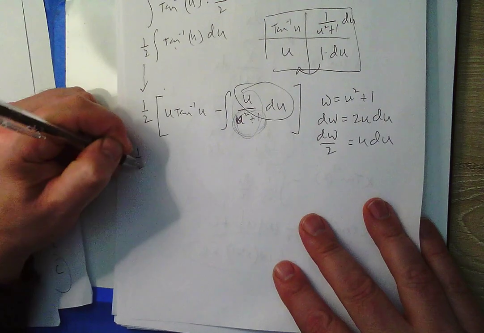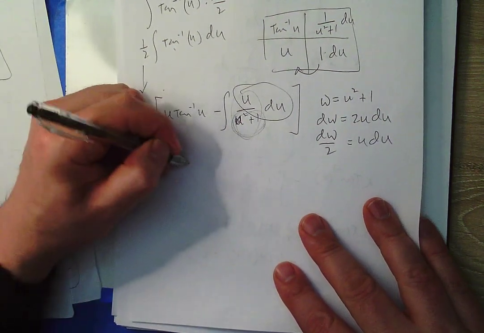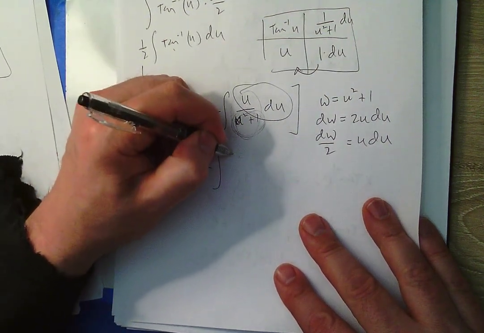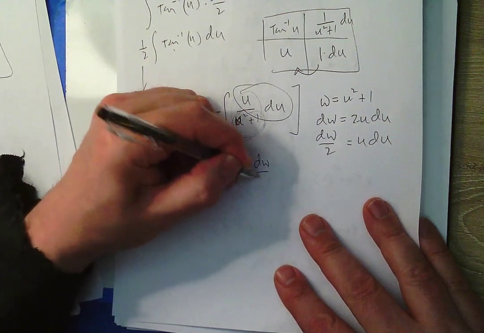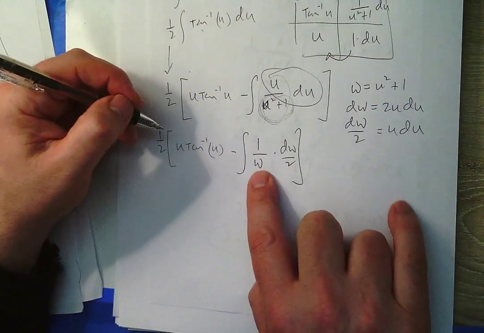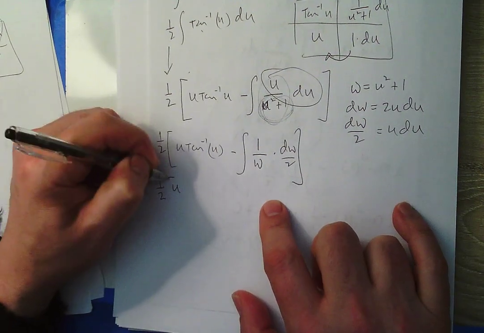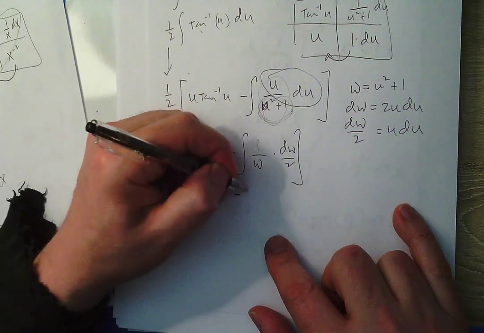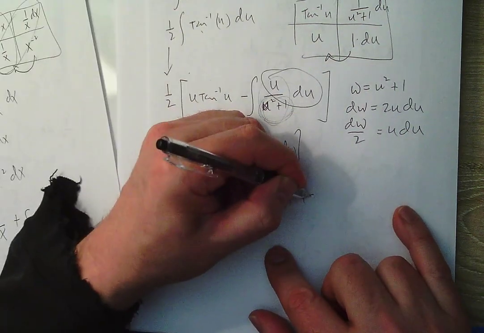So this becomes 1/2 u tan inverse u minus the integral 1 over w dw over 2. I'm going to pull out this 1/2 and recognize that this is ln. So I'm going to have 1/2 u tan inverse u minus 1/2 ln w.